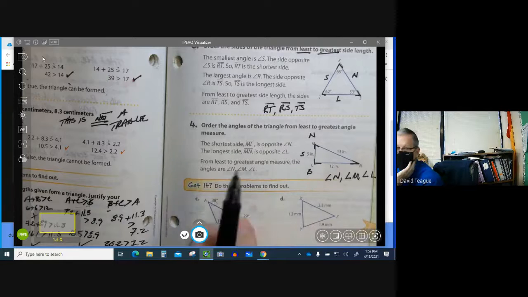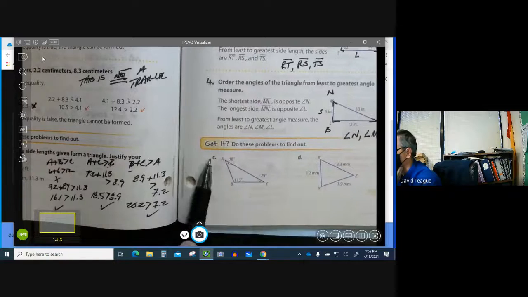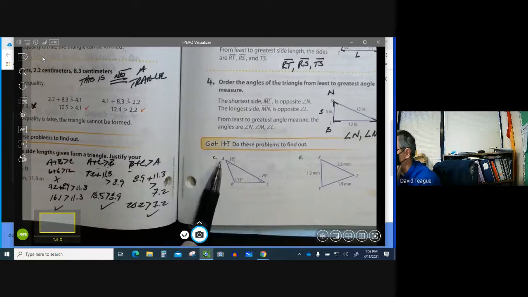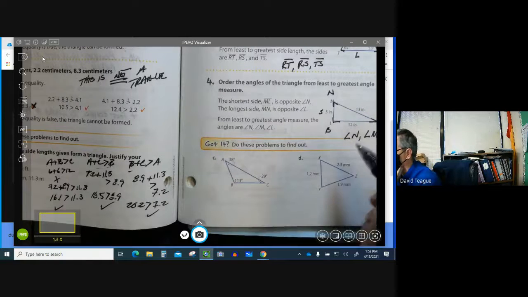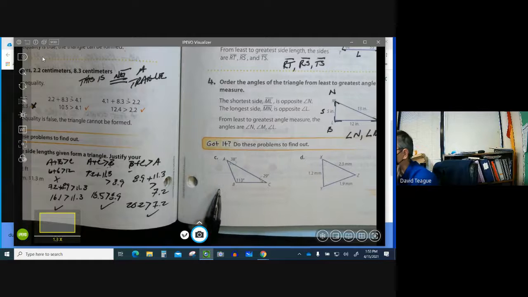Okay? So at the bottom of the page, I have a scaling triangle. I have 3 different angles. And why don't you order the sides from least to greatest? Why don't you go ahead and do that with C?